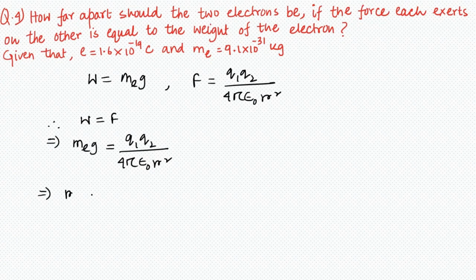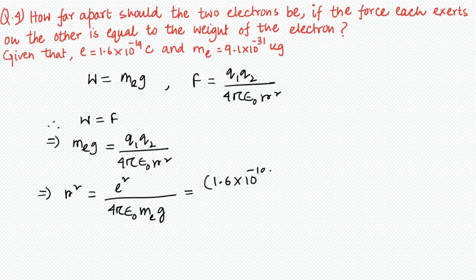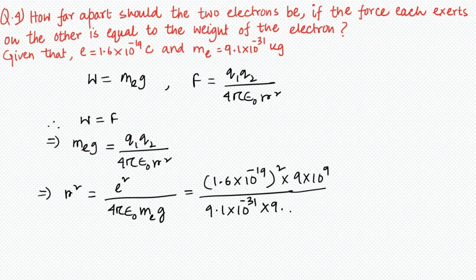So from here r square is equal to, now here we are specifically talking about electrons, so we can write this as e into e, which is e square, divided by 4 pi epsilon naught Me into g. Now the value of e is 1.6 into 10 to the power minus 19 coulomb square divided by, so 1 by 4 pi epsilon naught is 9 into 10 to the power 9 Newton, and then Me, which is 9.1 into 10 to the power minus 31 kg, and g is 9.8.